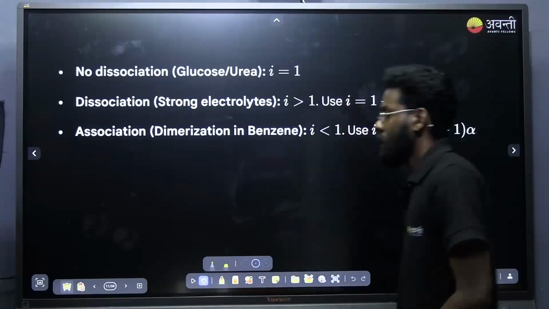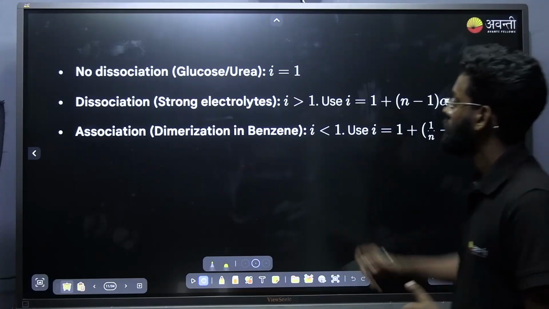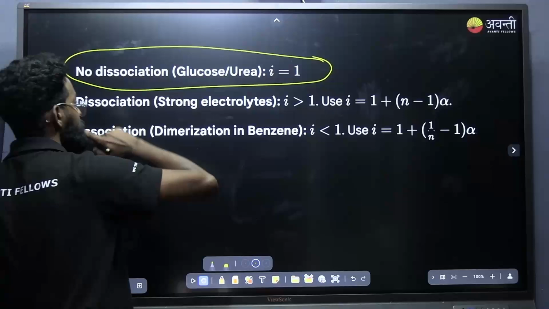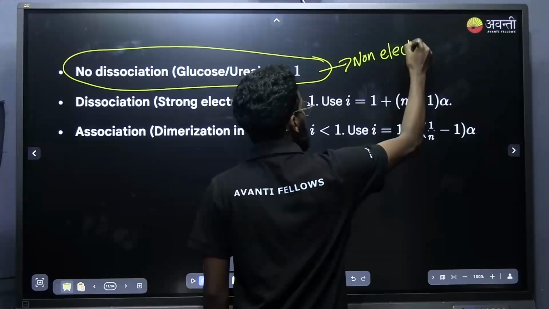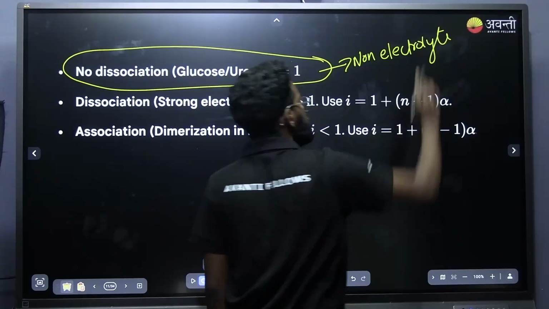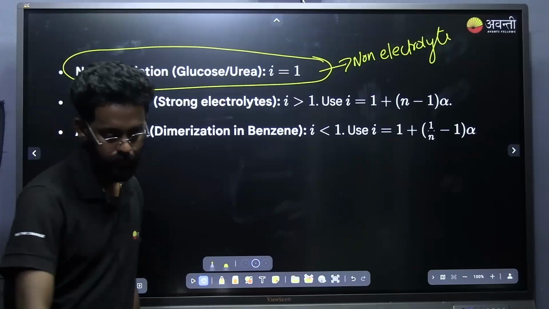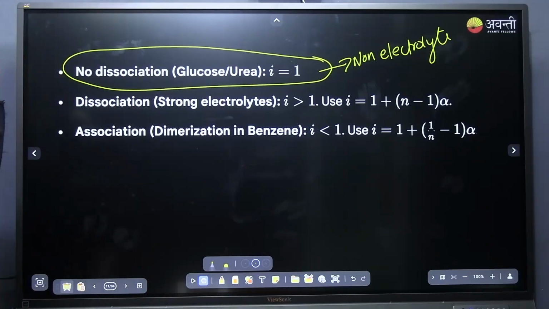Now, how is the Van't Hoff factor changing with respect to association and dissociation? When there is no association or dissociation, that is in the case of a non-electrolytic solution, you know that the value of i will be equal to 1.